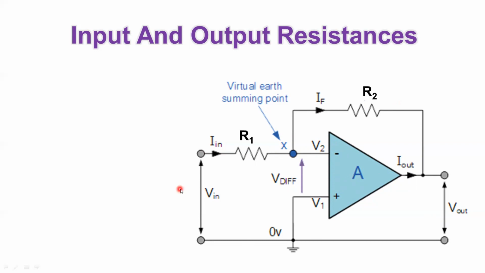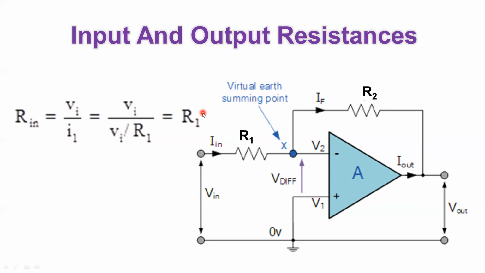So the input resistance here is V input over I input. And I input is not equal to 0 because you have a current flowing in this branch. I input is equal to the voltage difference over the resistance, so it's V input minus 0 over R1, which is simply V input over R1. So Rin is equal to R1.